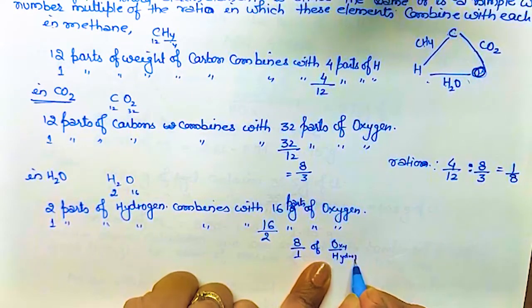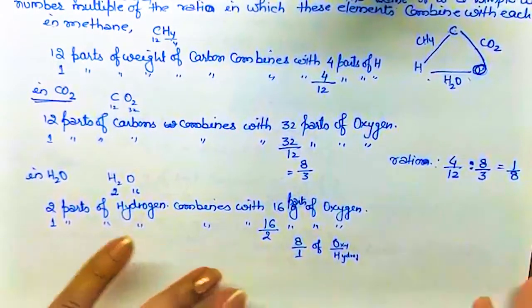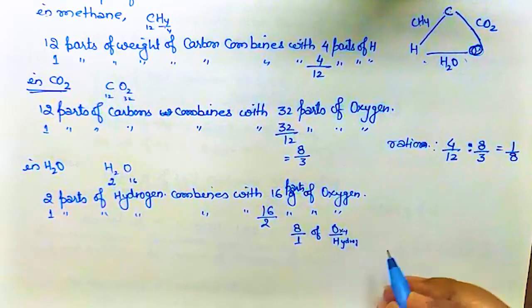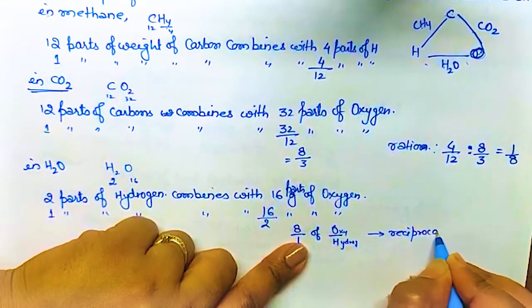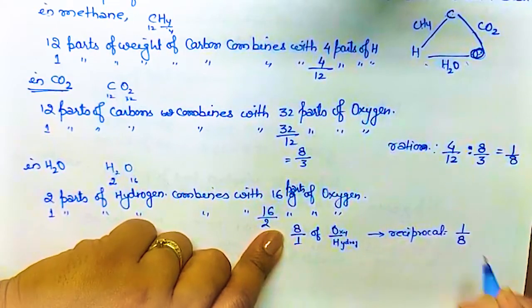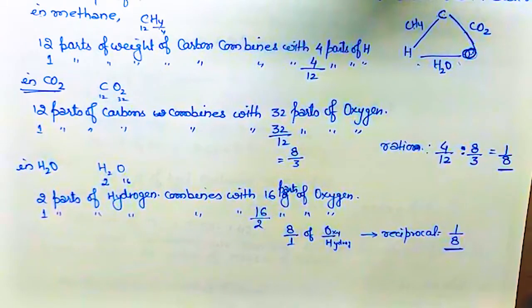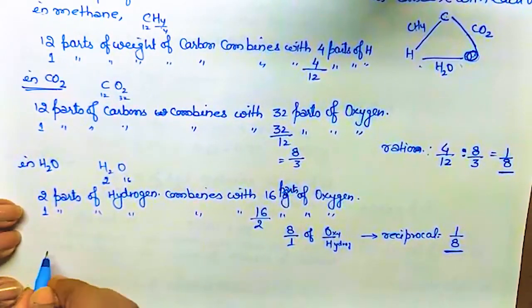So if we have to find the hydrogen oxygen reciprocal should be same, or in what we say, in a fixed ratio. So if we do the reciprocal of this, so what we will get? 1:8. So we can see these two ratio are same, isn't it? 1:1. Got it?